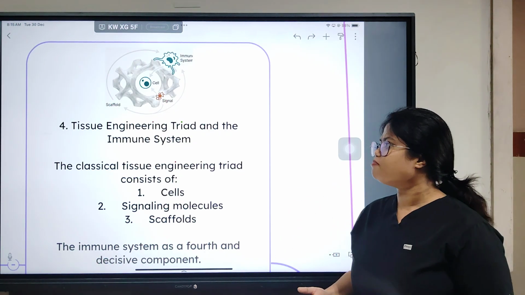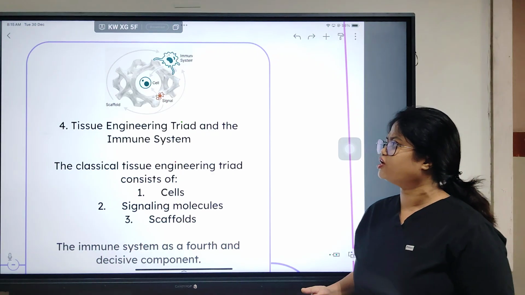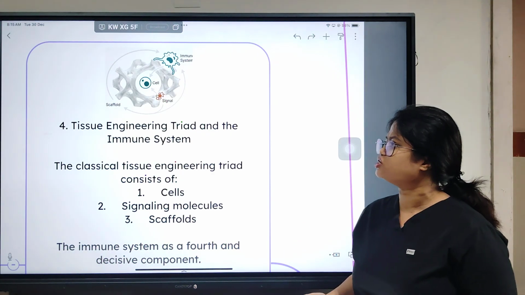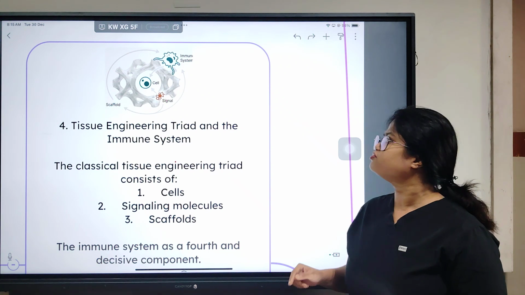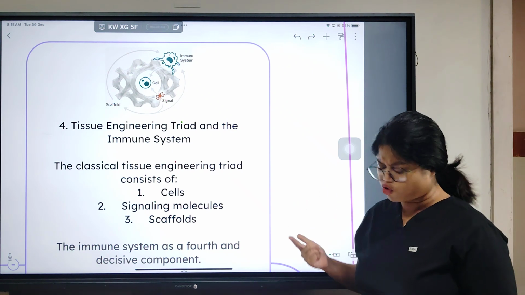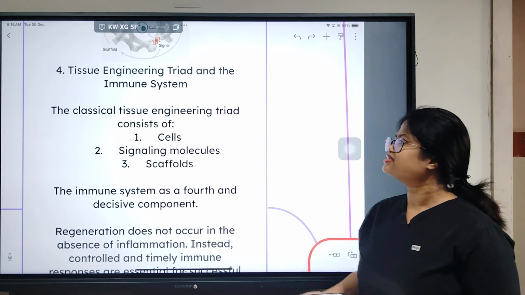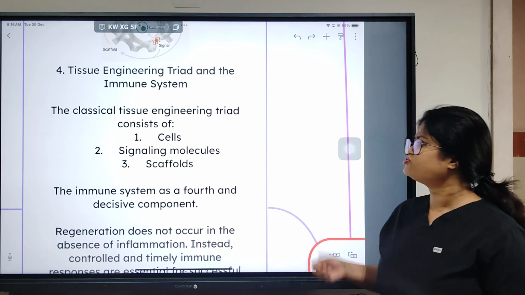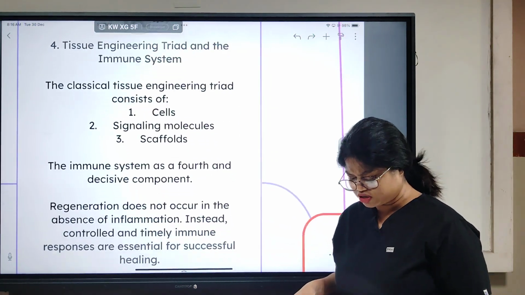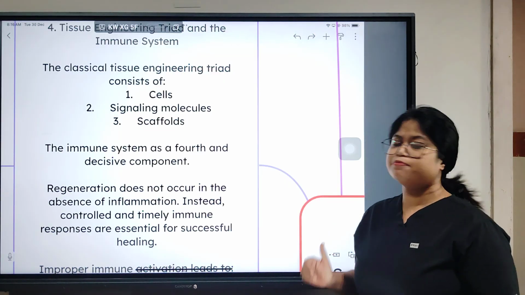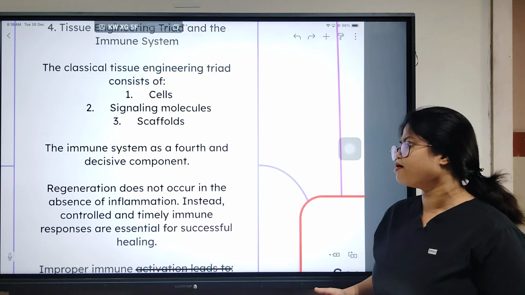Now, with the advent of biomaterials, the biomaterials that are used for guided tissue regeneration involve not only the three components but also a fourth component, that is, the scaffold design and principles. The immune system has been incorporated as a fourth and most decisive component.